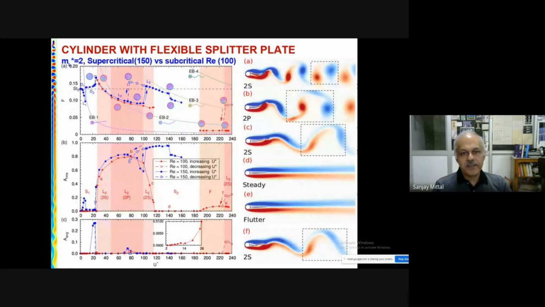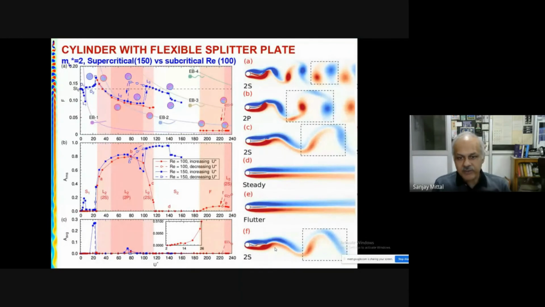Okay, he has also done supercritical cases, for different mass ratios, where the stationary system was not showing vortex shedding to begin with, but then you put an elastic plate, does it give vortex shedding? And the answer is it does. And in fact, the system can go into flutter and so on.